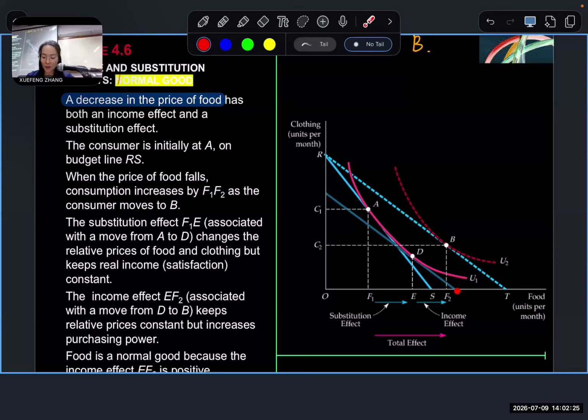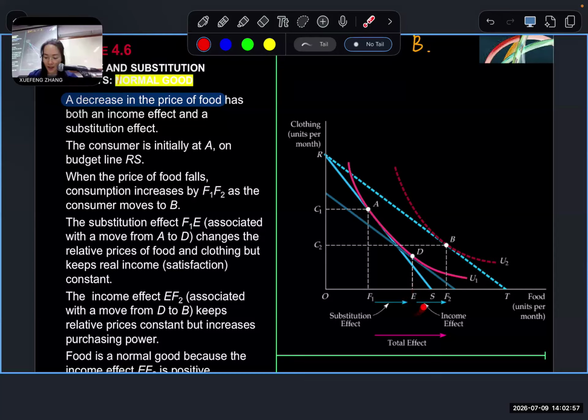This line is our imaginary budget line, okay? So this is gonna isolate the same satisfaction because we are tangent to U1, but now we have the new price ratio. This imaginary line touches U1 at a new point, which is D. So at D, we're gonna consume the amount of E units of food.